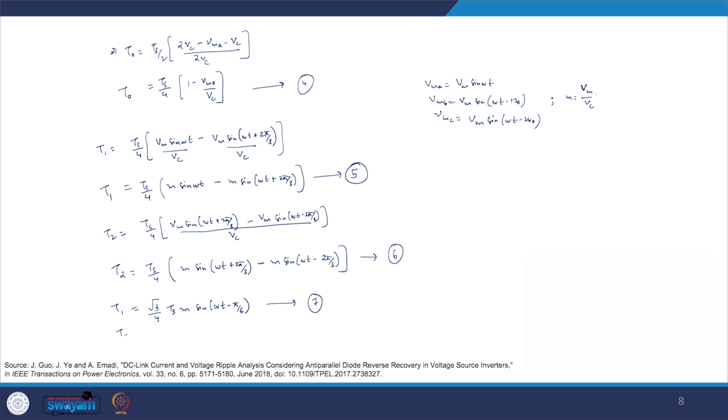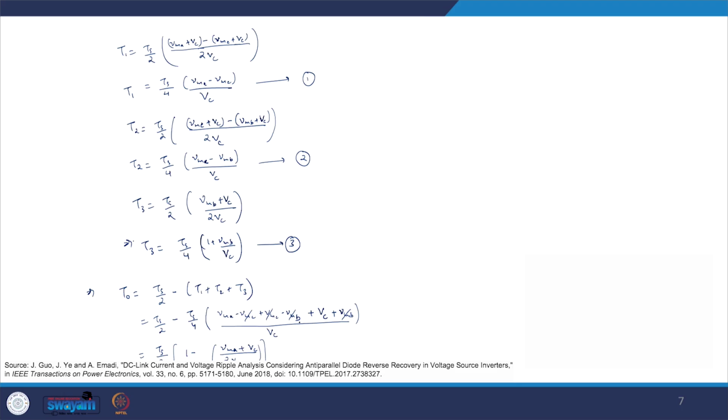T2 we can define from here to be root 3 by 4 Ts m cos omega t. We can open this one, sin a plus b, and we will get this particular thing as equation number 8.